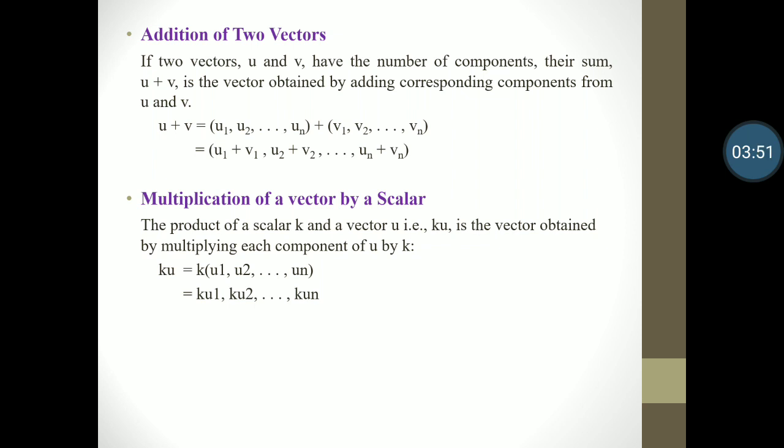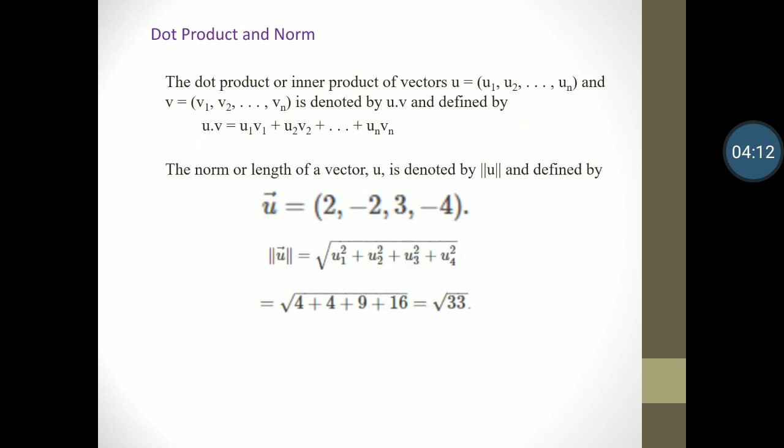Keep in mind that a scalar is nothing but any real number. We can say any constant or any real number is known as a scalar. So for multiplication with a vector, we multiply our scalar with each and every member of our vector.